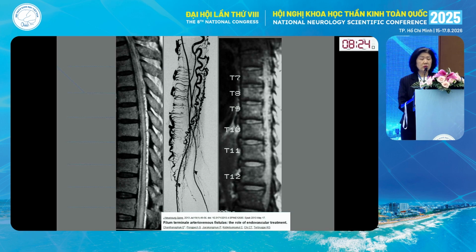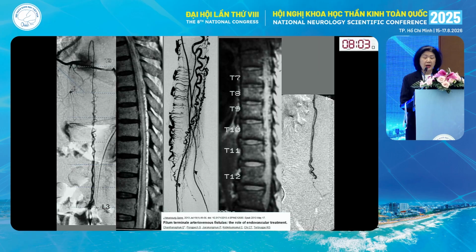We come down almost to the end, which is called the conus medullaris, or in anatomy we call it the basket. It's the connection between the ventral and dorsal system. So when you have the shunt located at the filum terminale, which is below L2 in the normal anatomy, you can have these images of the artery coming down and becoming bigger vessels, which are the veins.